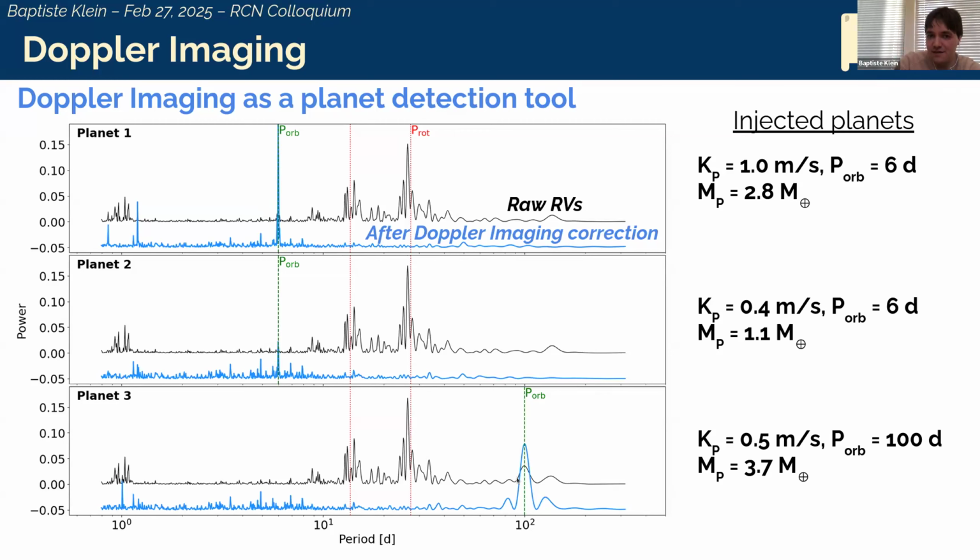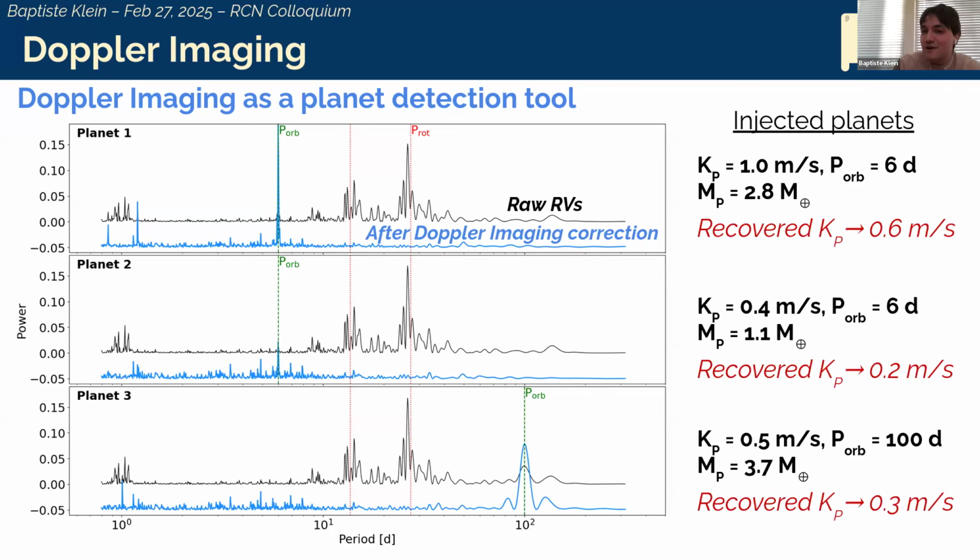Okay, good point. So what I now do is I model the residuals, searching for this planet signature. And what I found is that the recovered semi-amplitude is systematically underestimated, and by quite a lot, by at least 40%. So the result is that Doppler imaging seems to work pretty well to find the planet, like the orbital period and phase, but not really the semi-amplitude, because part of the signal is probably absorbed by the Doppler imaging process.